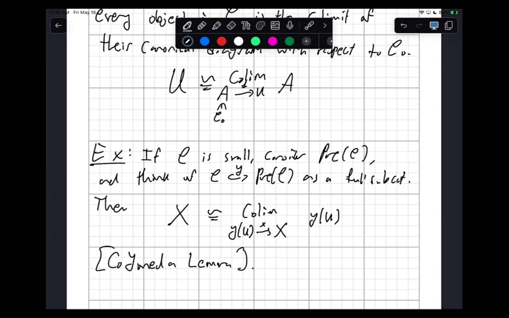Okay, and in fact, they're the colimit of the canonical diagram from representables into the pre-sheaf, right? Because by the Yoneda lemma, a map from a representable into my pre-sheaf is the same thing as a section, a point x in X of U. Okay.